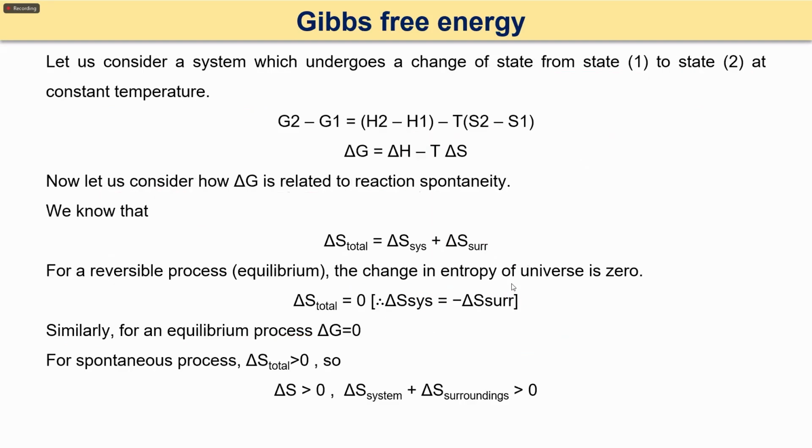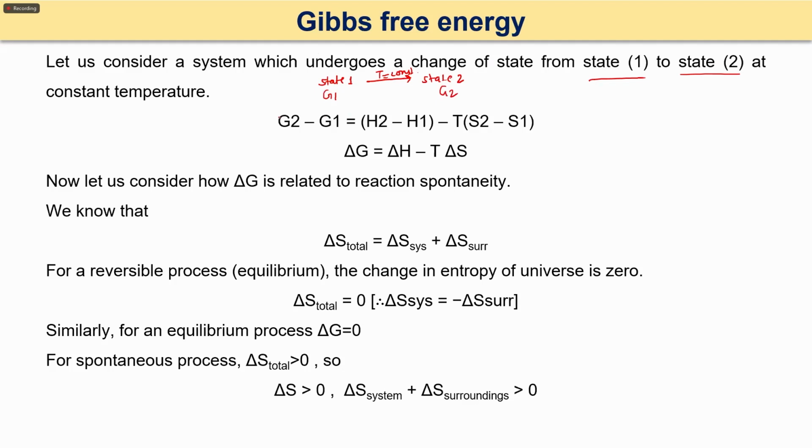Now, let us consider a system which undergoes a change of state from state 1 to state 2, happening at a constant temperature. In order to calculate the Gibbs free energy change, let's say initially it was G1 and finally it was G2.